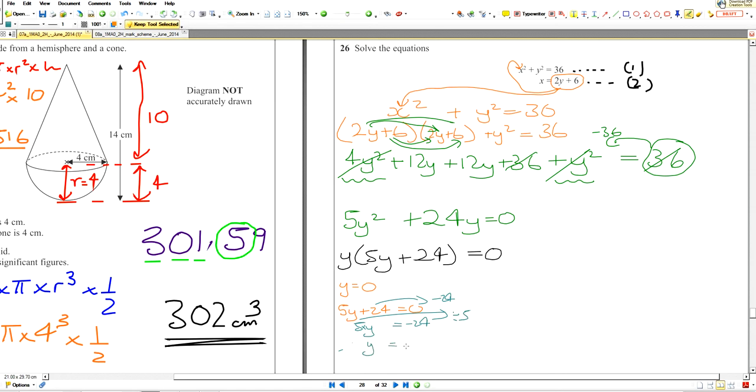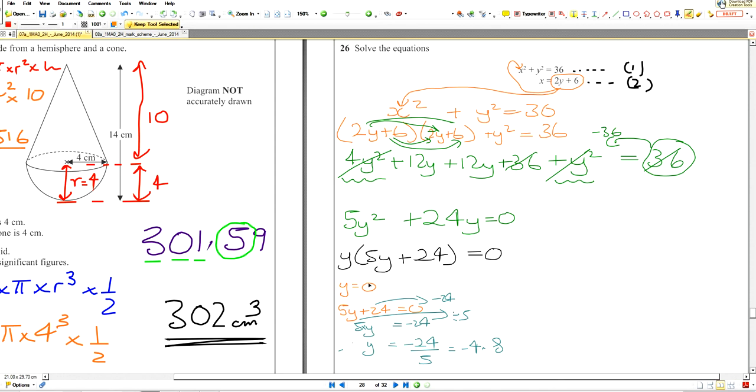So y is equal to minus 24 divided by 5. Now minus 24 divided by 5 will give you minus 4.8, if you use the calculator. So what we have here, we have already two solutions now. We have two y values.